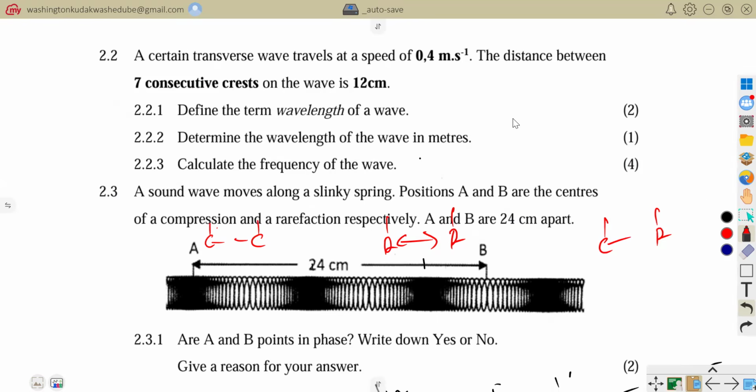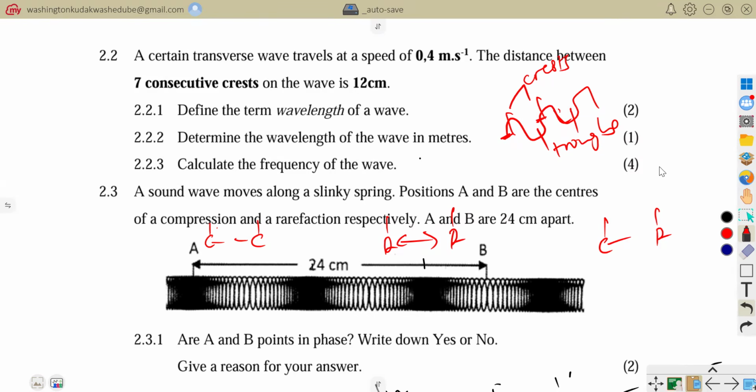If we were having a transverse wave, we would be looking for crest, crest, or else trough, trough. So these ones would be your crests, and these ones will be your troughs. Points that are successive are the ones that are actually in phase.